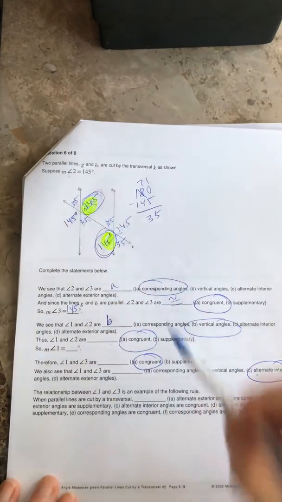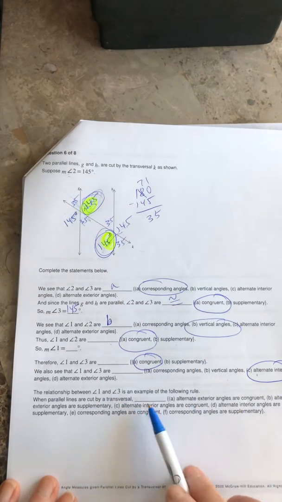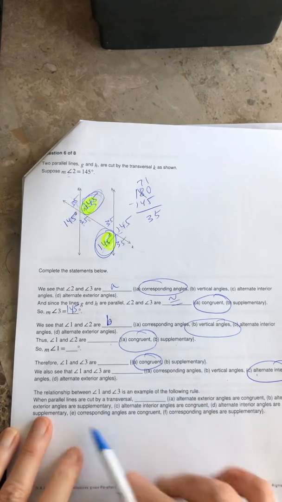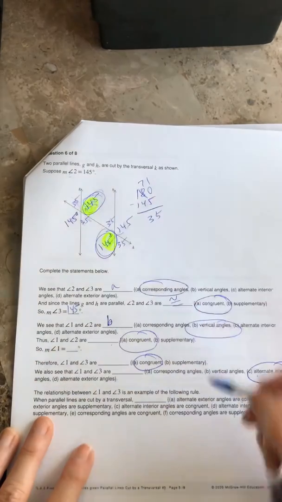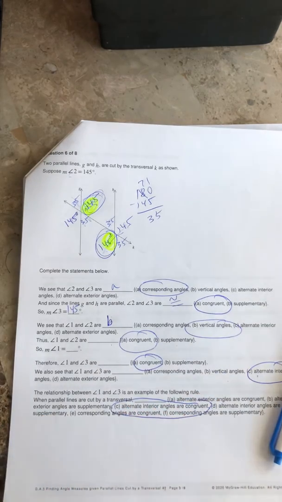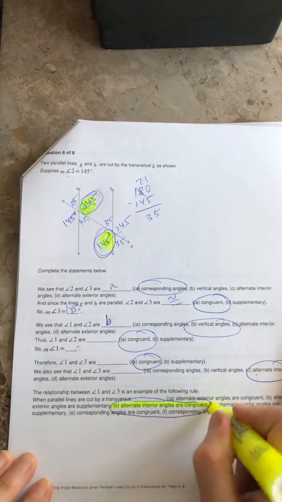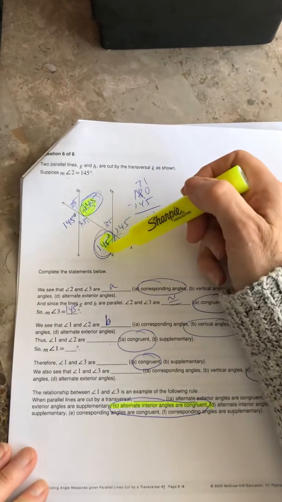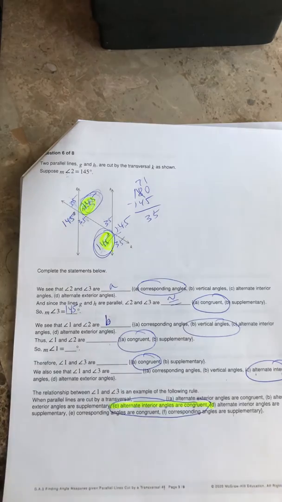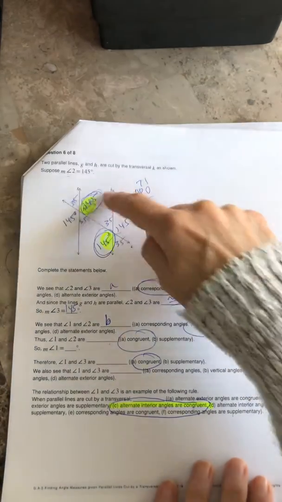Locate what these are down in your answers. Alternate interior angles. And it says they could be congruent or supplementary. Nope, we're talking about congruent. So it's alternate interior angles are congruent, and that's what you're gonna say. So really you just have to know what those are called, and you have to know that they are congruent, which means they're the same. All right, number 7.